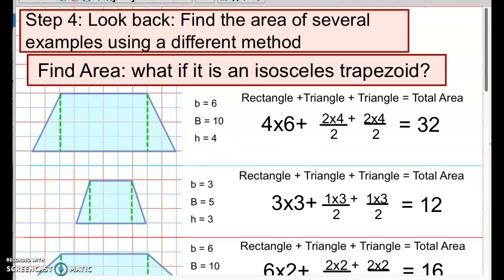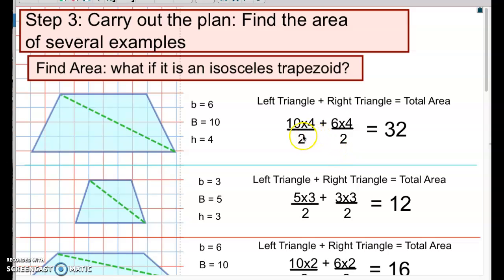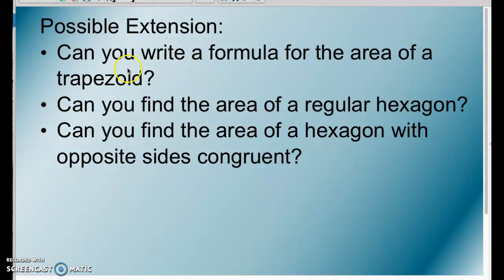Or you could go backwards to this one, plug in again your big base, your little base, and your height for the numerical values that we had, and do some simplifying, and you'll have your trapezoid formula. So that's one extension that I might give to my students that are maybe a little bit more ahead.